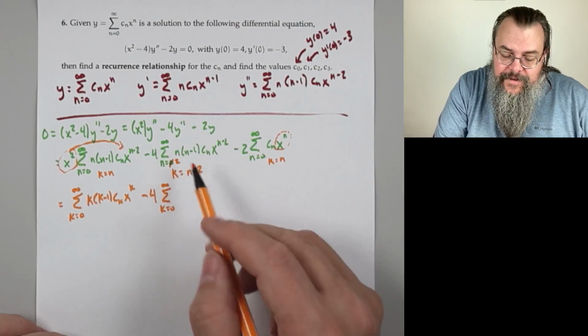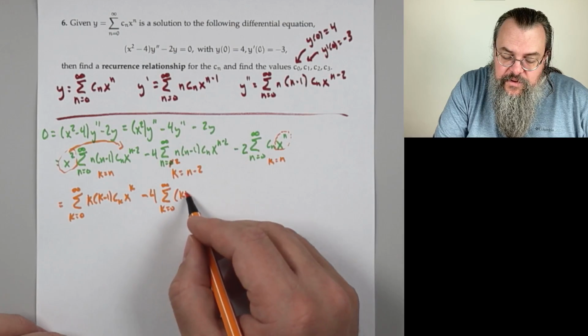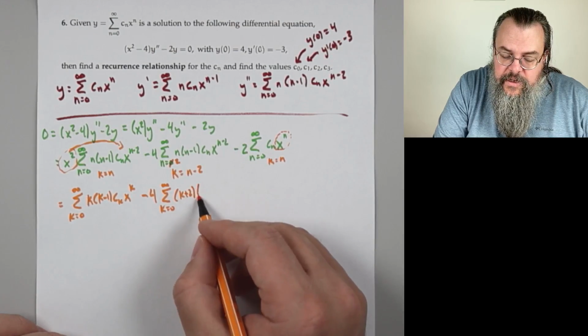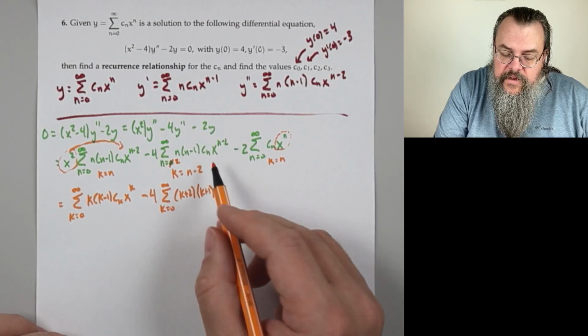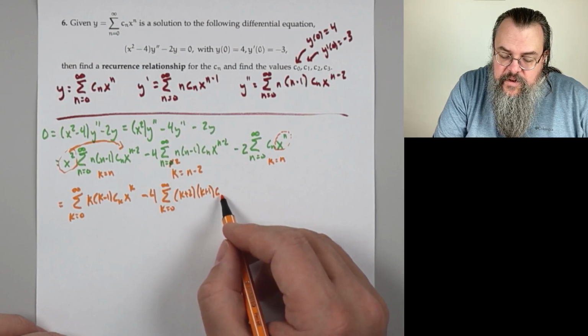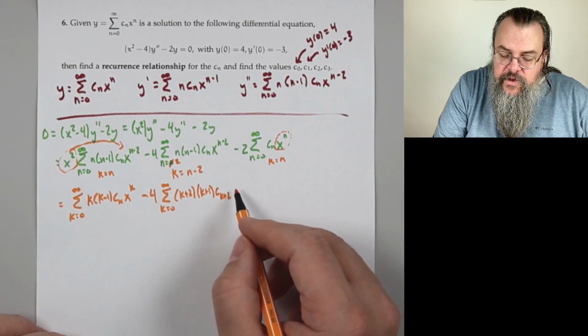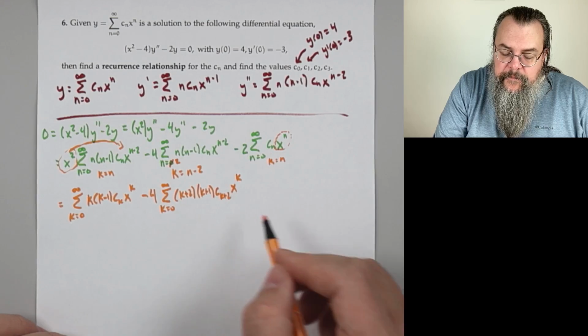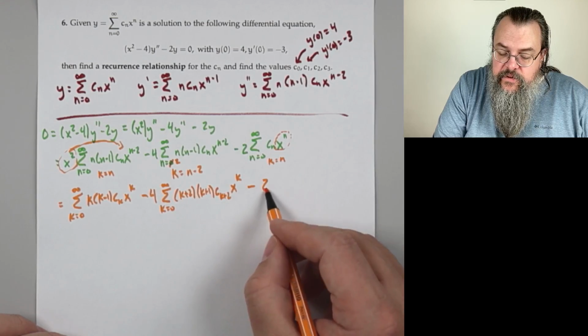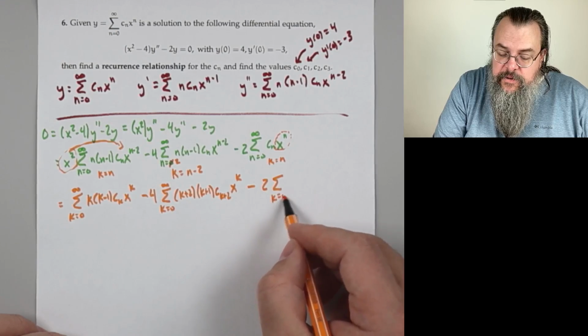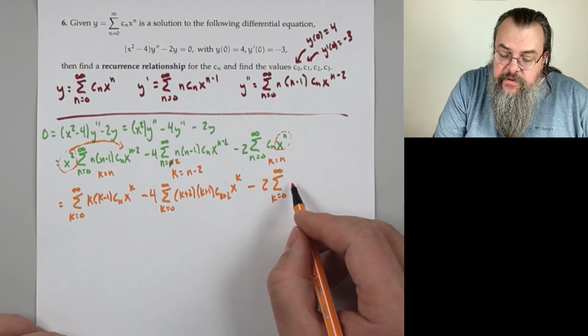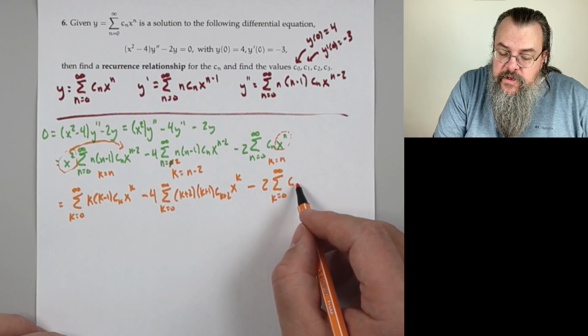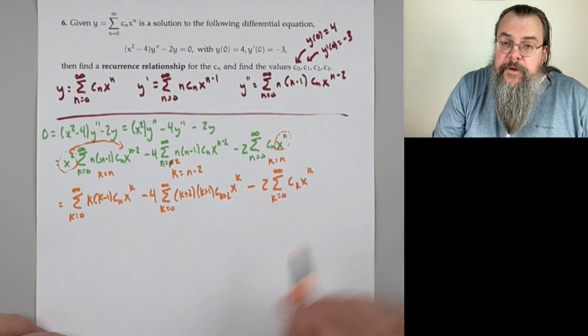So the n becomes k plus 2, the n minus 1 becomes k plus 1, the c sub n becomes c sub k plus 2, and then x to the k. Minus 2 sum, k equals 0 to infinity, of c sub k x to the k.